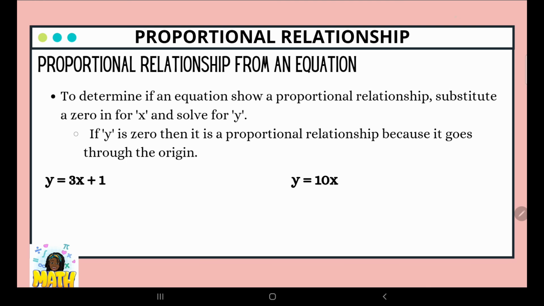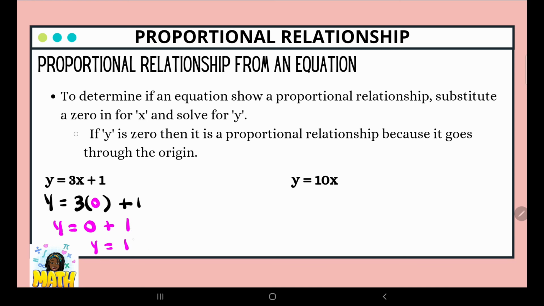So we're going to rewrite the equation, and instead of putting x, I'm going to put a parentheses for our value. So y equals 3 parentheses plus 1. And now in place of x, I'm going to plug in 0. So I have here that y is equal to 3 times 0, which is 0, plus 1. 0 plus 1 is equal to 1.